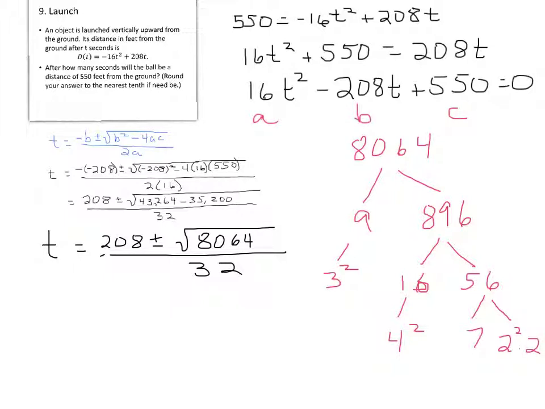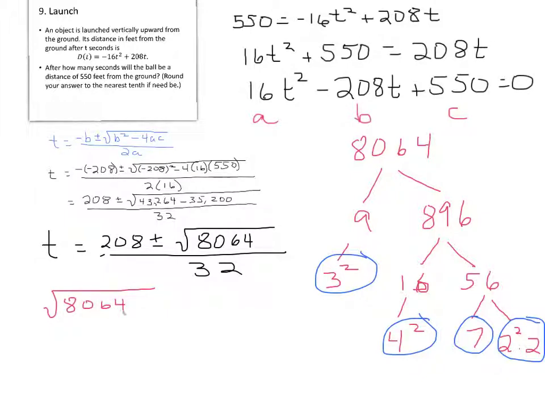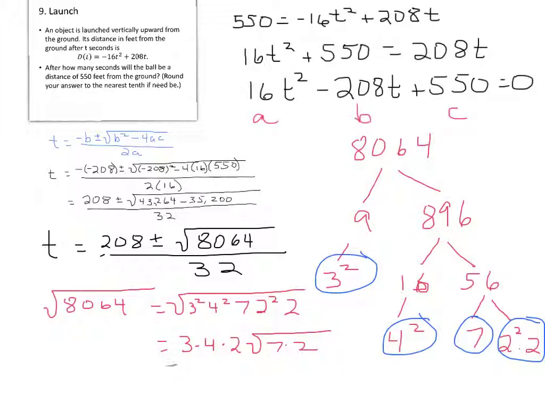Okay, so these are the various factors. So let's rewrite that. We have the square root of 8064 equals the square root of 3 squared, 4 squared, 7, 2 squared, and 2. So we can pull out 3, 4, and 2, and we're left with 7 times 2, so that's going to be equal to 24 square root of 14.